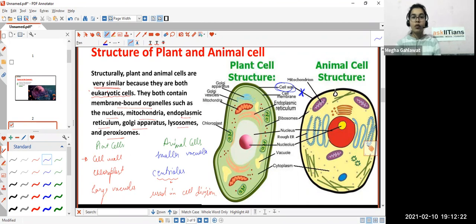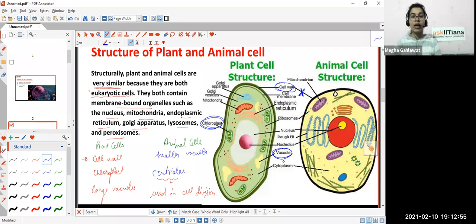Apart from that, we have the chloroplast. Chloroplast is also an organelle present in the plant cell and not the animal cell. Why? Because it enables the plant cells to carry out photosynthesis by capturing sunlight. Apart from that, we have the vacuole, which is also shown in the plant cell structure. Why? Because plants require a large sized vacuole in order to store water, nutrients, food and secondary products.